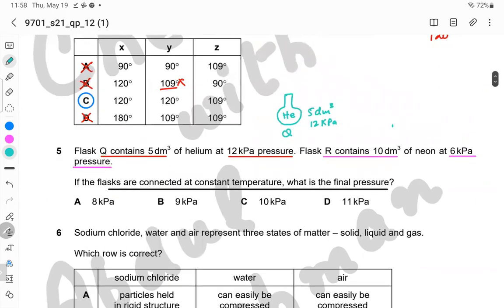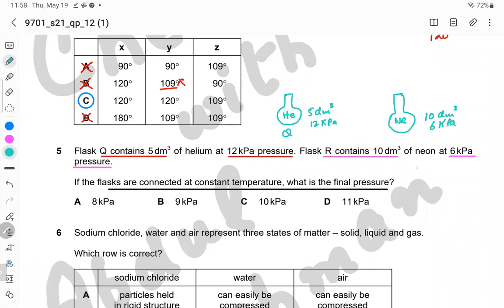And here we have a flask R which contains neon. Its volume is 10 dm cube and the pressure is 6 kilopascal. This is the initial information that we got.